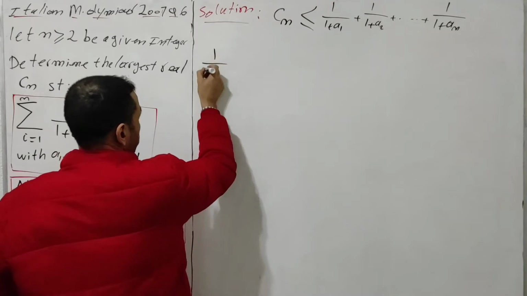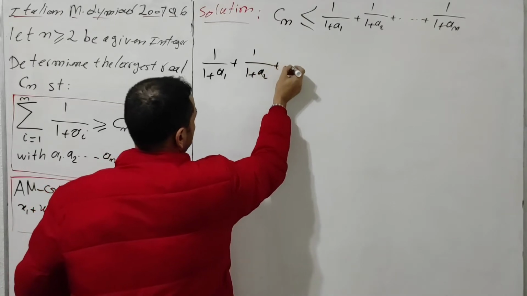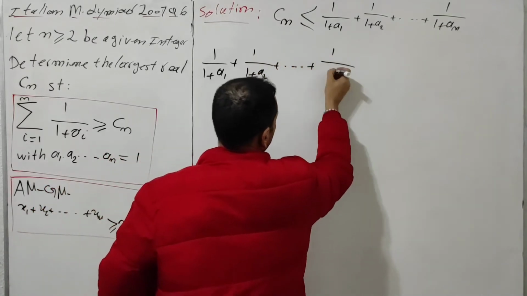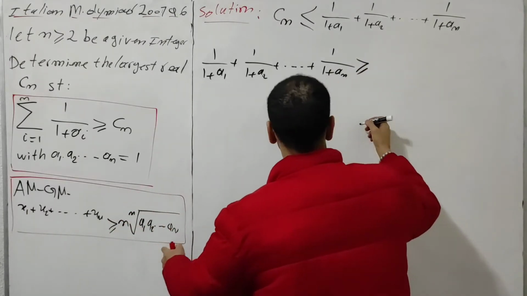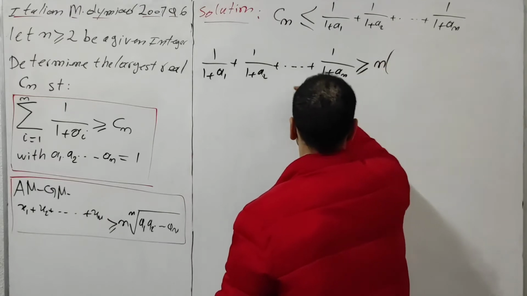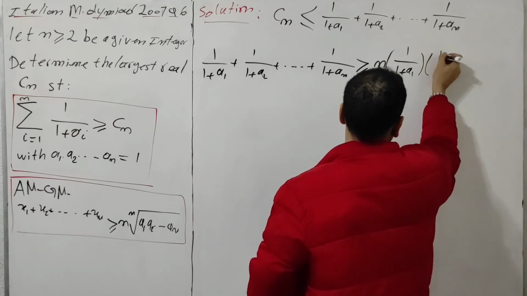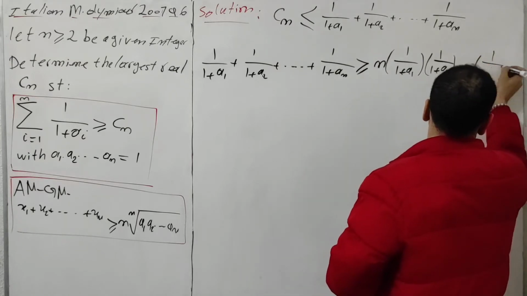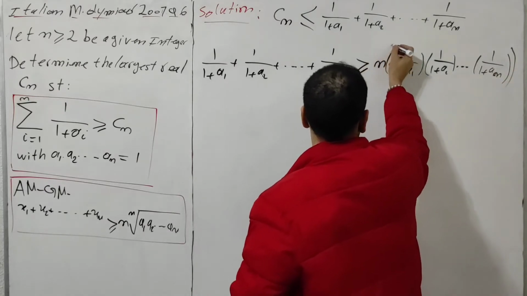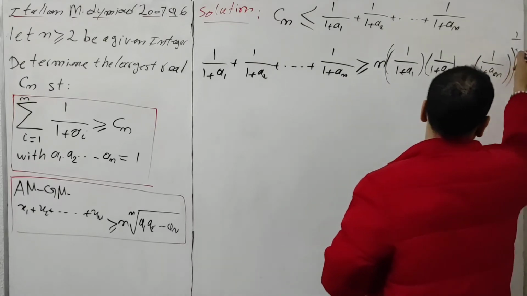This sum is greater than or equal to the nth root of the product of 1 over 1 plus a sub 1, multiplied by 1 over 1 plus a sub 2, all the way down to 1 over 1 plus a sub n, raised to the power 1 over n.